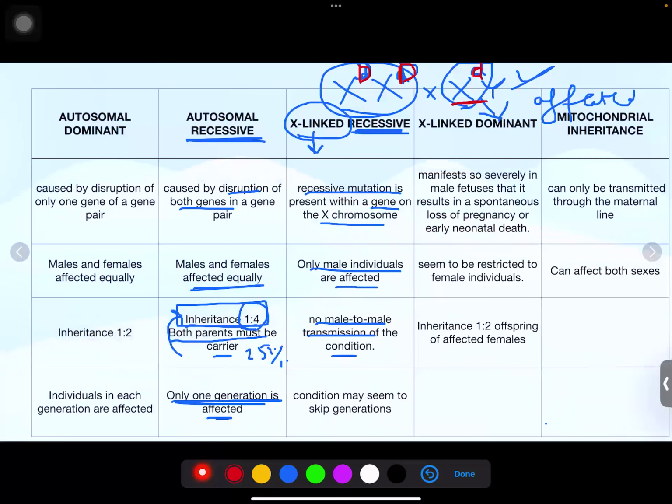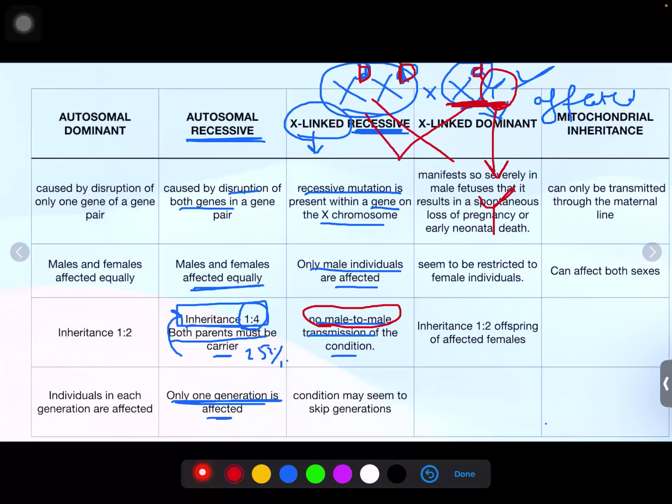If the disease is present in the father, then in his offspring, the male fetuses will get the Y chromosome from the father, not the X chromosome. So there is no male to male transmission of the condition. Male offspring will get the Y chromosome from the father and the X chromosome from the mother. That means all the male fetuses will be normal. So in one generation males are affected, and in the next generation males are normal.